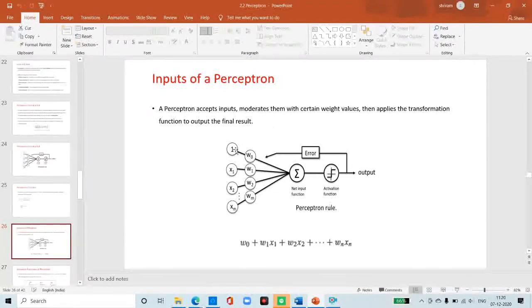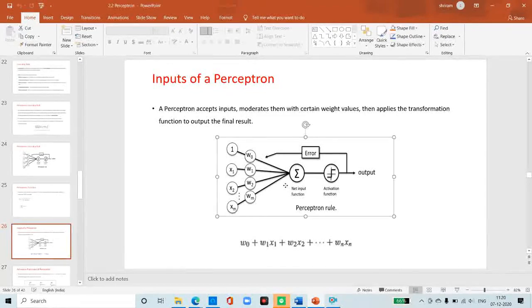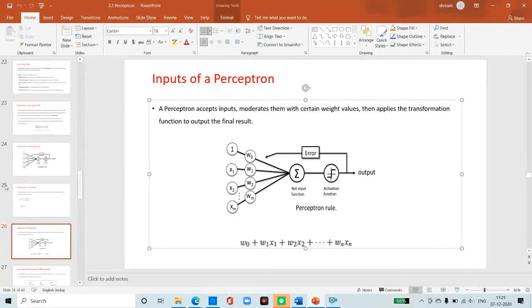This diagram shows the perceptron with a Boolean output. A Boolean output is based on inputs such as age, past credit profile, or salary, and it has only two values: yes or no, true or false.